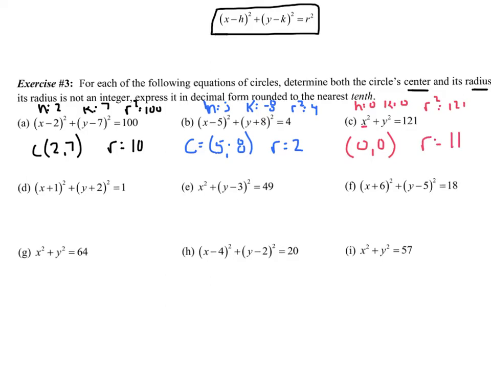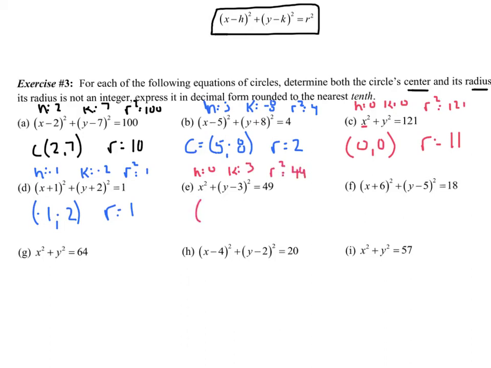All right, we'll go a little faster now. I've got h is equal to negative 1, k is equal to negative 2. Hopefully you agree with those negatives. R squared is equal to 1. So my center's at (negative 1, negative 2), and if I take the square root of 1, I do indeed get 1. All right, I've got an h value of 0, a k value of 3, and an r squared of 49.